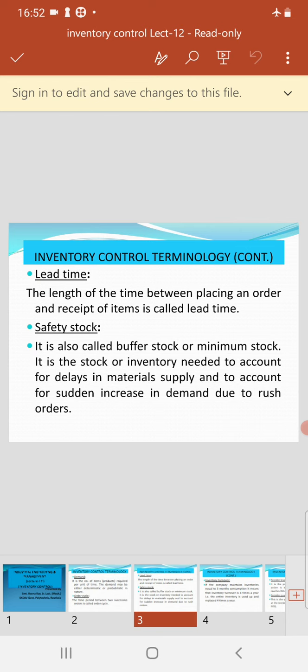So it helps to not interrupt the production cycle and to fulfill the increase in demand at certain times.